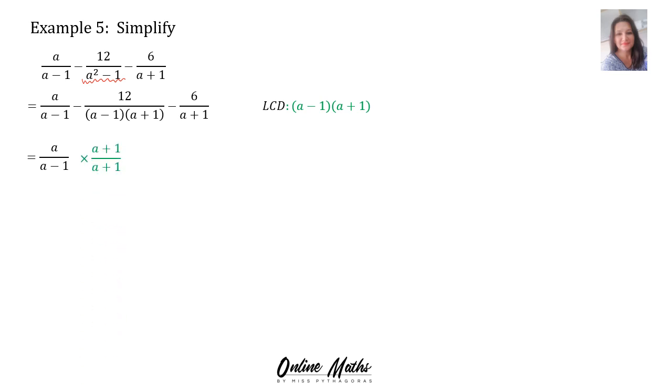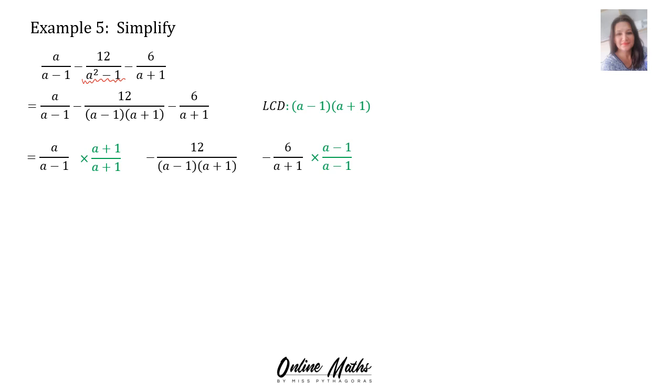What you do under, you do on top. The minus 12 over a minus 1, a plus 1 stays exactly the same since it's already over the LCD. And then the minus 6 over a plus 1, that one you're going to multiply with a minus 1 over a minus 1 to become that LCD denominator.